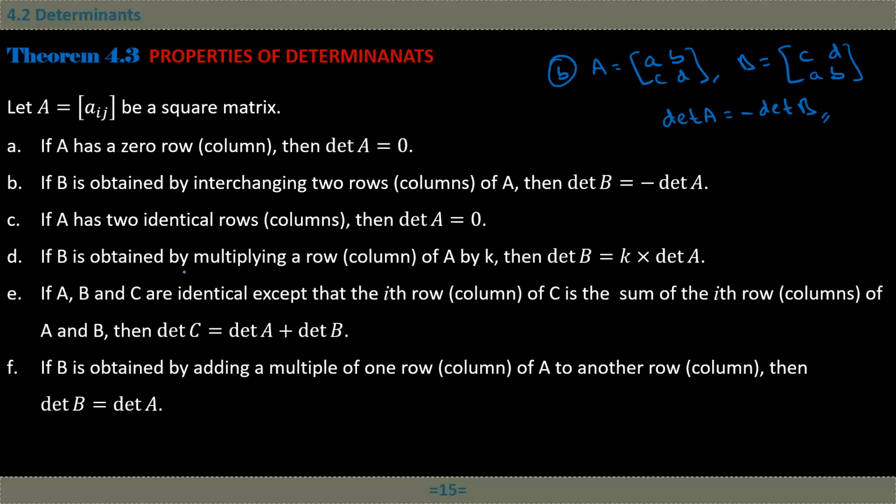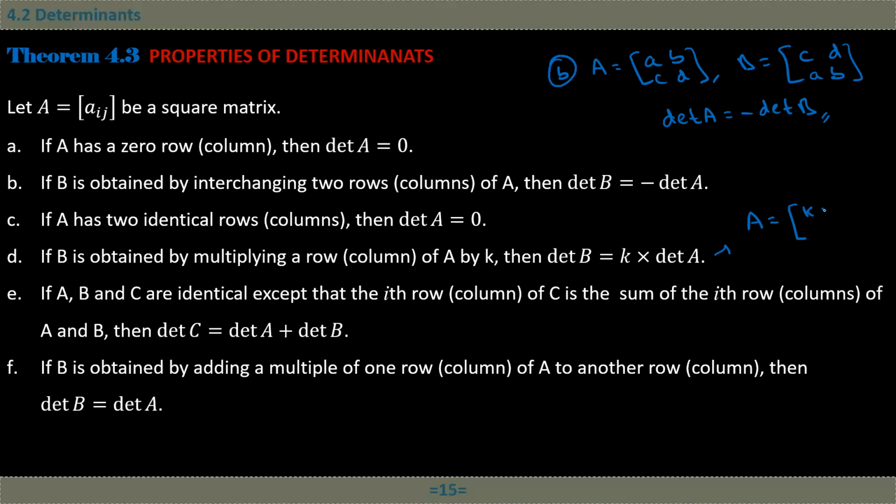Fourth, if B is obtained by multiplying a row or column of A by K, then the determinant of B is equal to K times the determinant of A. For this, let's take a 2 by 2 matrix. It says multiplying a row or column, so let's multiply a row here.